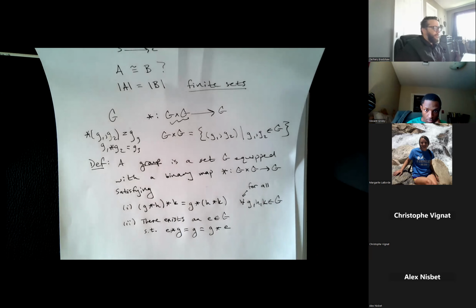If you're multiplying two things, then the identity would be one, right? One times anything is just that thing. If you're summing integers, for example, then the identity is zero. Zero plus whatever is the other thing.